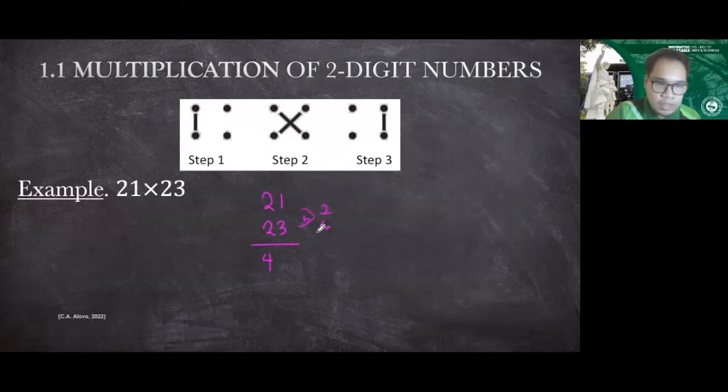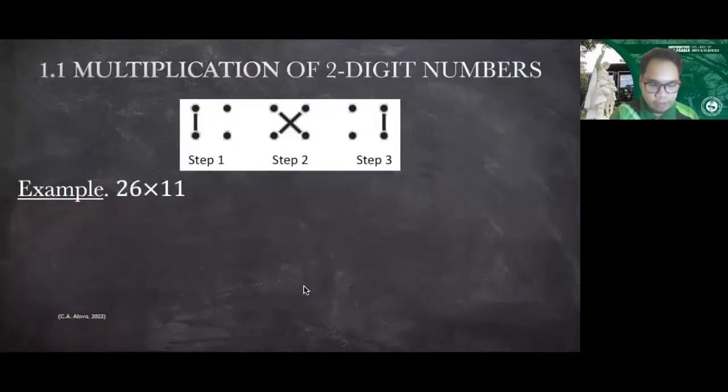So 2 plus 6 is going to give us 8, which will be set as our tens digit. And 1 times 3 is 3. Now that's the product, everybody, for 21 times 23: 483. Notice it is presented in a one-line fashion, and we're doing it from left to right.